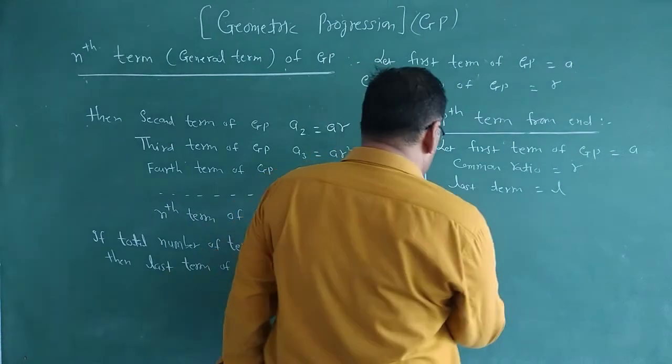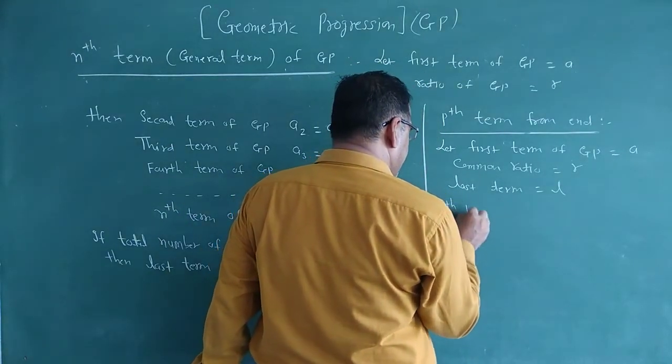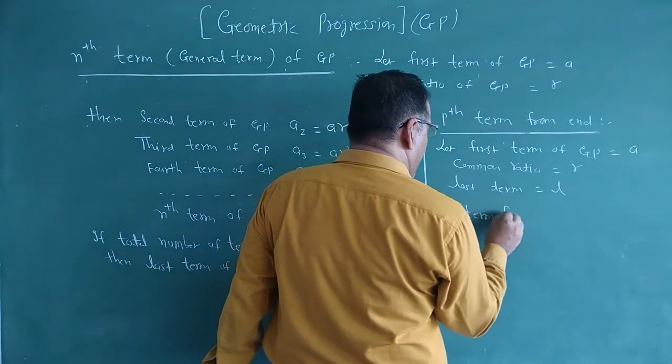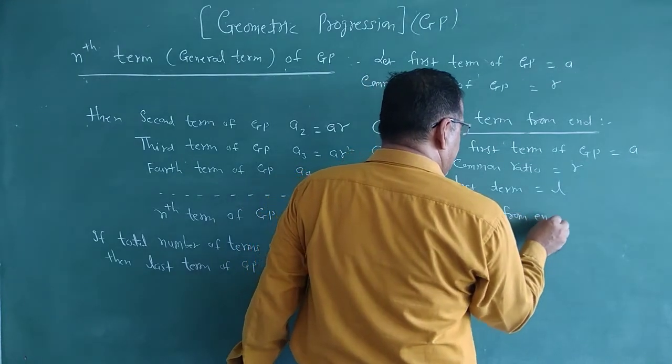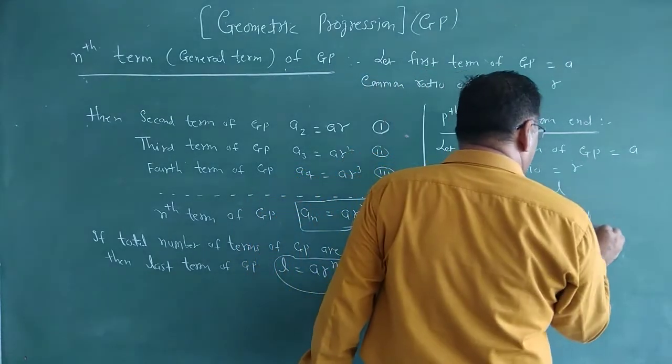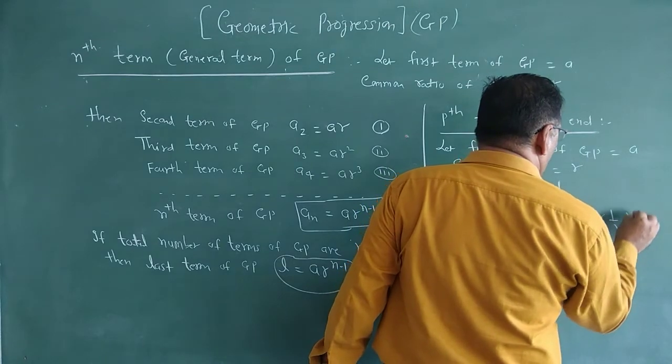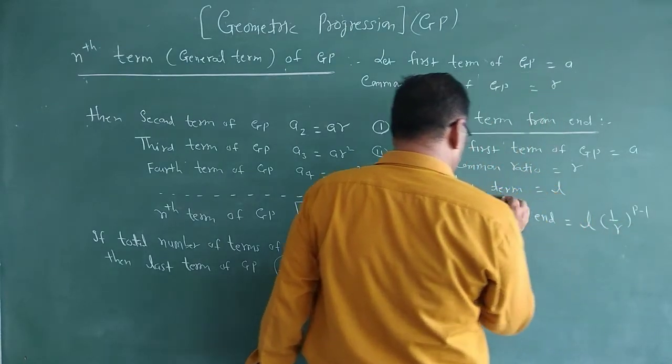Now, the pth term from end is given by L into 1 upon R whole power P minus 1.